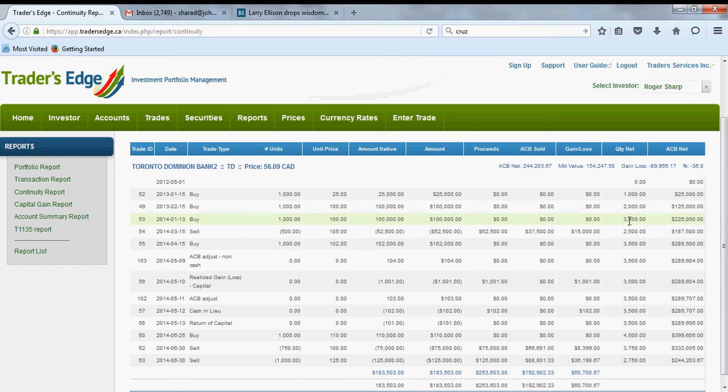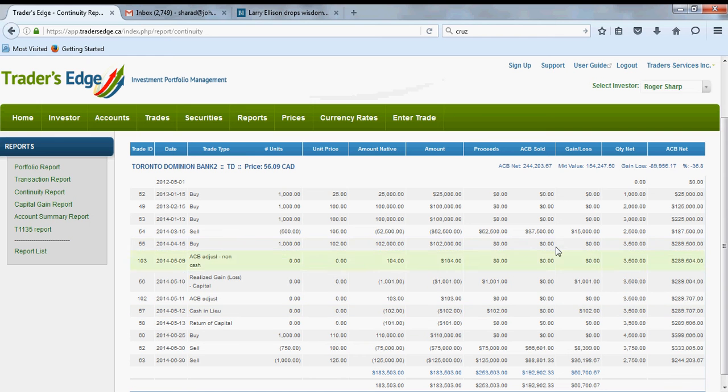You've sold 500 out of 3,000 shares, so pro rata, this is your tax cost of those shares you sold. The result being your net gain or loss, and then your final balance position. That's your adjusted cost base, and why it's relevant for your capital gains reporting, because all your capital gains and losses are dependent upon how you calculate that cost base.